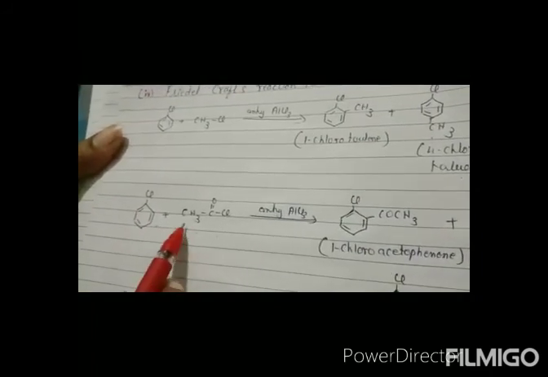And Friedel-Crafts acylation reaction takes place with the help of the acyl group. So the substitution is at ortho position and at the para position. So we have 1-chloroacetophenone and 4-chloroacetophenone. So these were all the reactions, the electrophilic substitution reactions in case of the haloarenes.